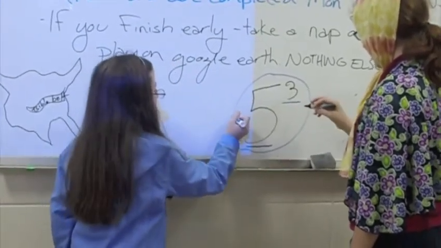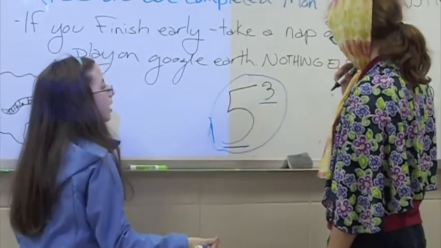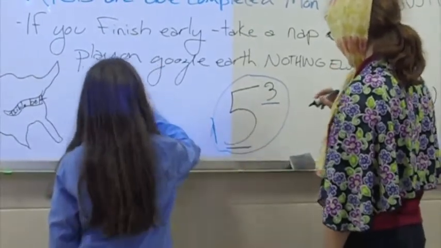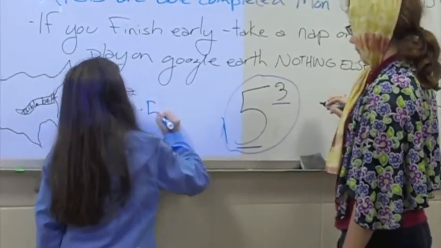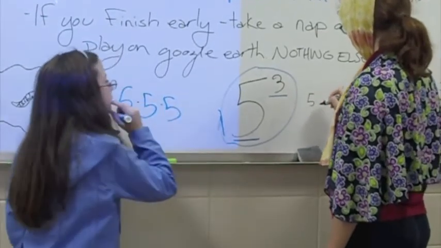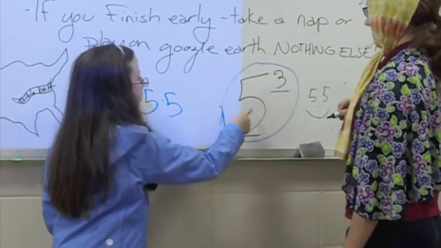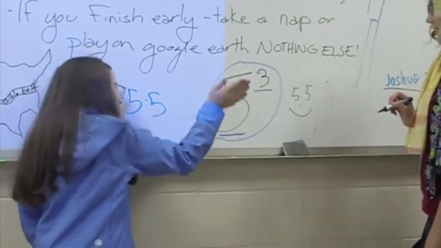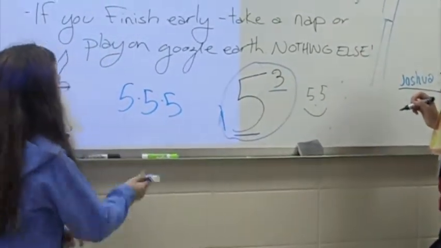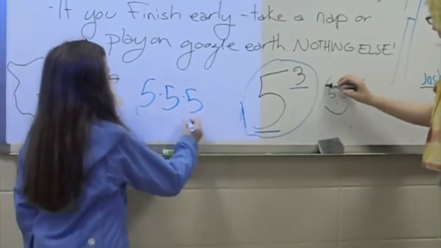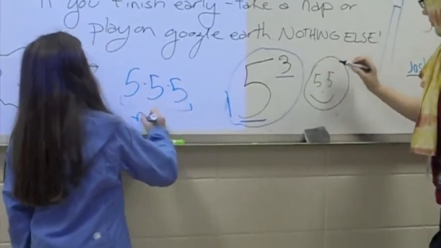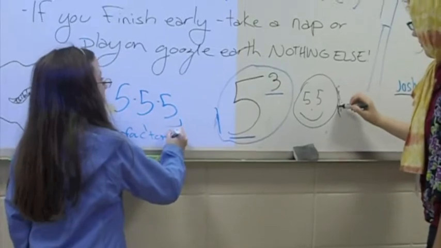This is the base. And then these are called your factors, because the 3 tells you to multiply 5 by itself 3 times. So that's how we get 5 times 5 times 5. That is your factor.